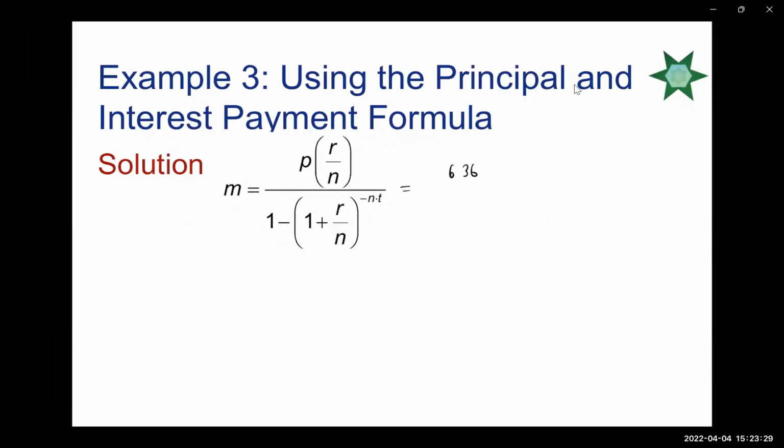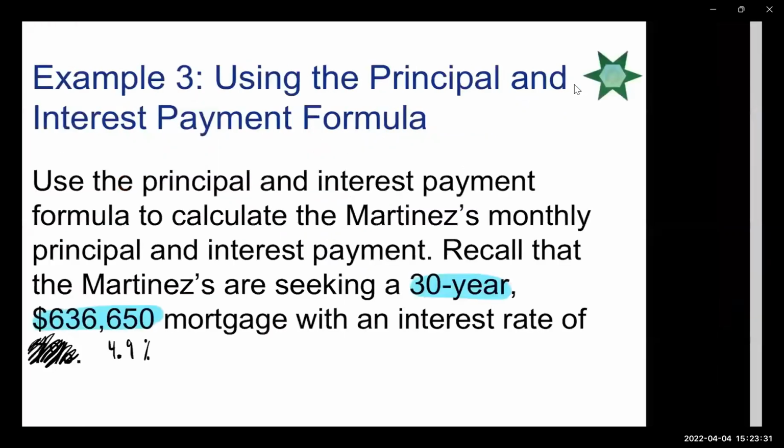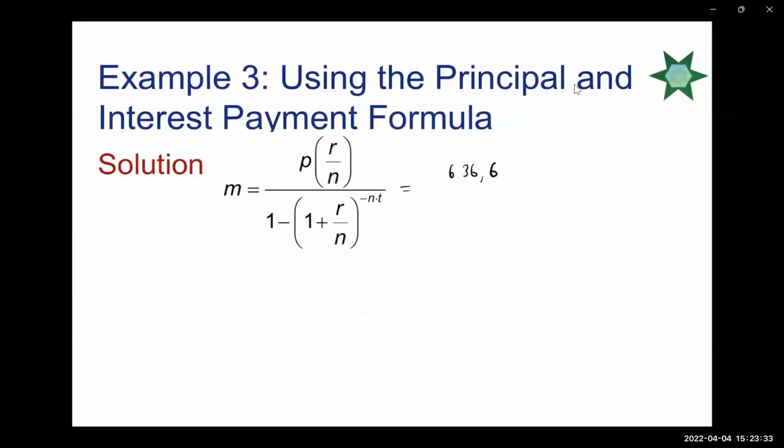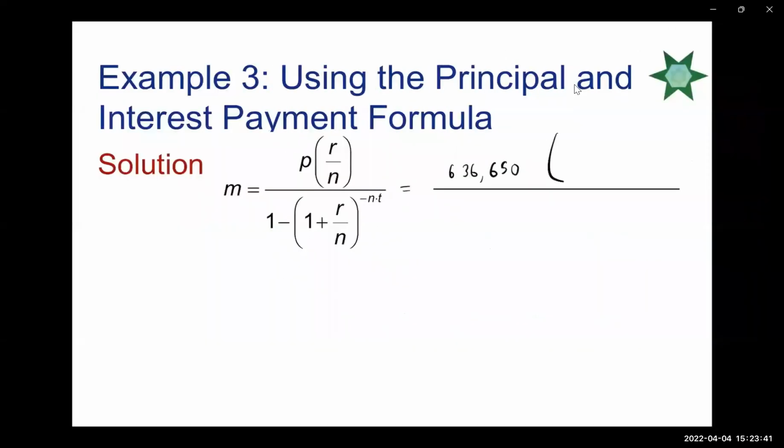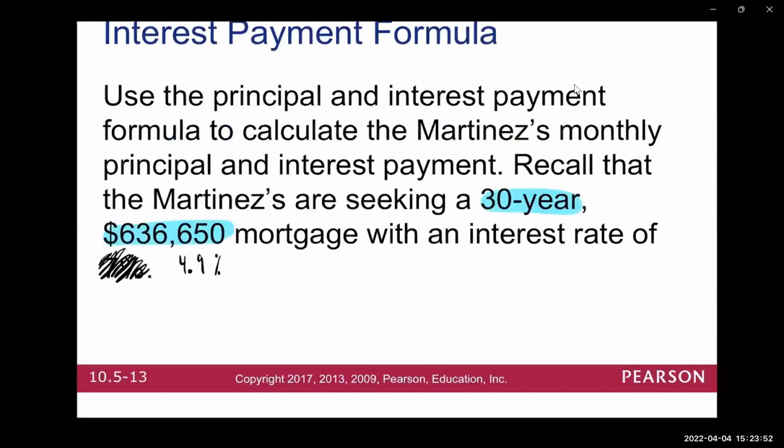It's 636,650, I believe. Times R over N. R is the interest rate, 4.9%, so that's going to be 0.049. You have to convert it to a decimal. And then N is the number of times per year. How many payments are there per year?